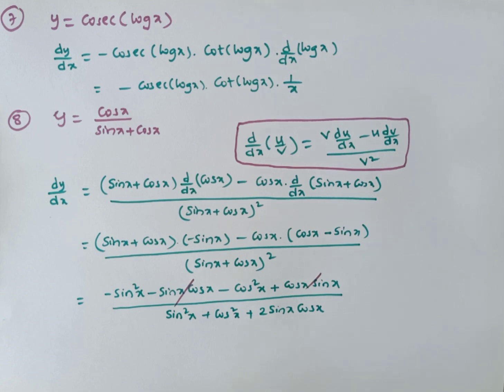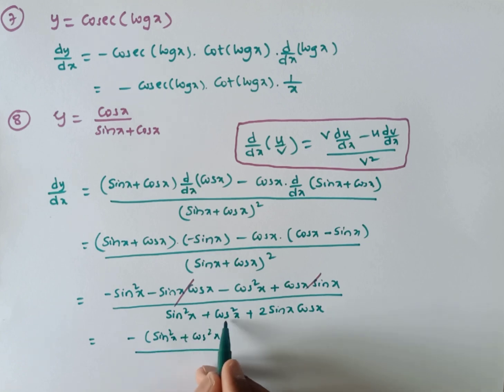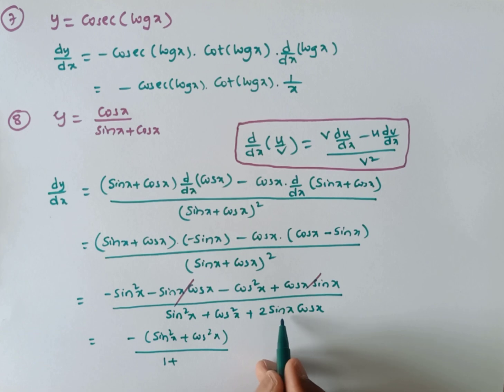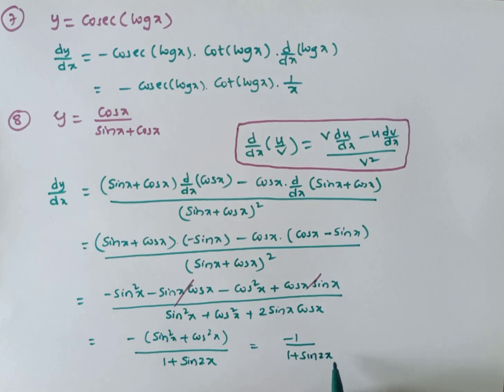Then the remaining part is, minus common, minus of sin square x plus cos square x వస్తుంది, by sin square x plus cos square x is 1 plus 2 sin a cos a form, 2 sin a cos a is sin 2a, it is sin 2x. So finally this is minus 1 divided by 1 plus sin 2x. ఇక్కడ మనకి sin square x plus cos square x equal to 1 అనేది కూడా తెలియాలి. ఎలా అనేది మనం ట్రిగ్నోమెట్రిక్ రేషియోస్లో ప్రూవ్ చేసాం.